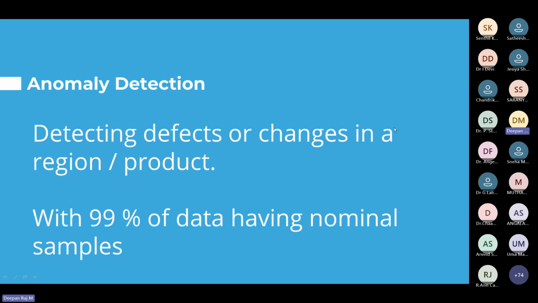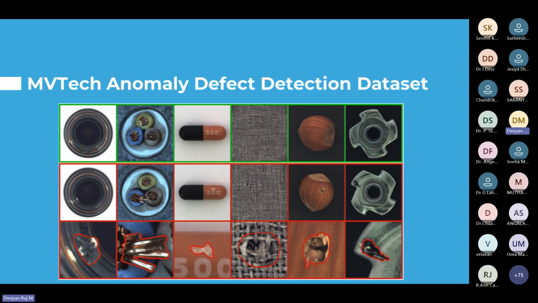Some are automated and some are manual in nature, but they try to manufacture the product in a much more effective way, so that anomalies or defects are minimal. This puts us in a very big dilemma because of the data.